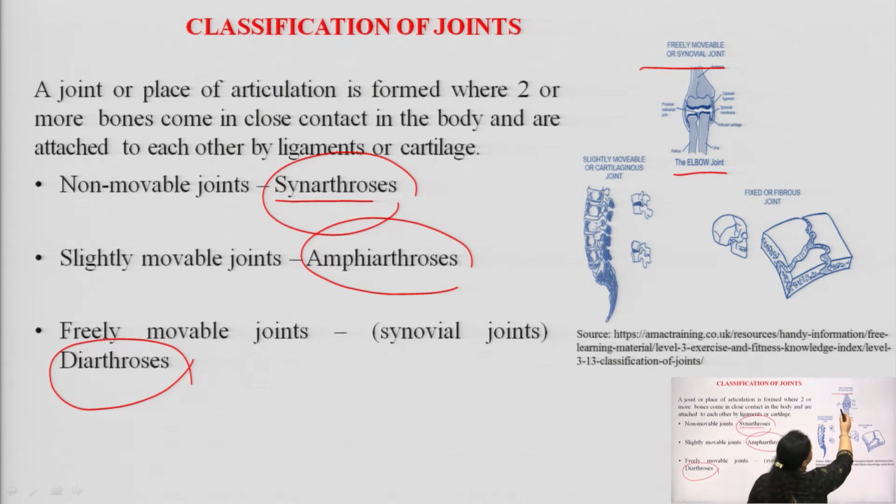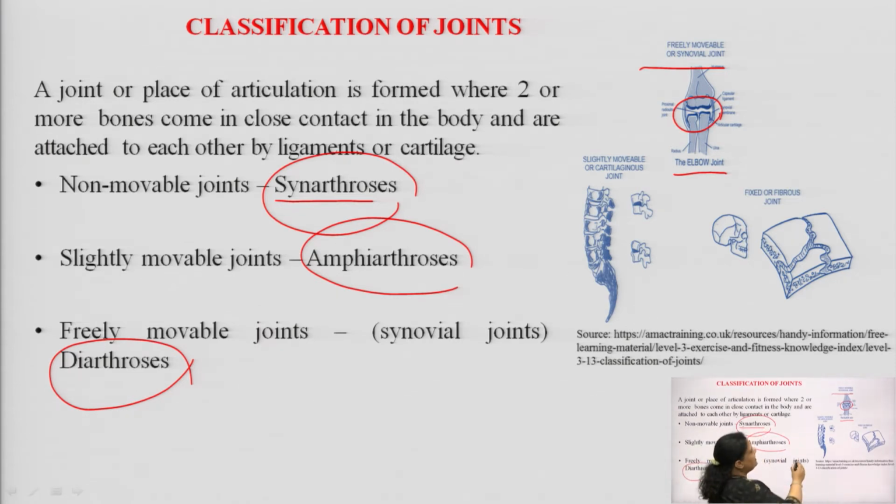There is a presence of a synovial cavity which is filled with synovial fluid. Then there is the start of the radius and ulna in the lower side, and in the upper side we have the humerus bone. So, this is a very good example of a freely movable joint, which is diarthrosis.